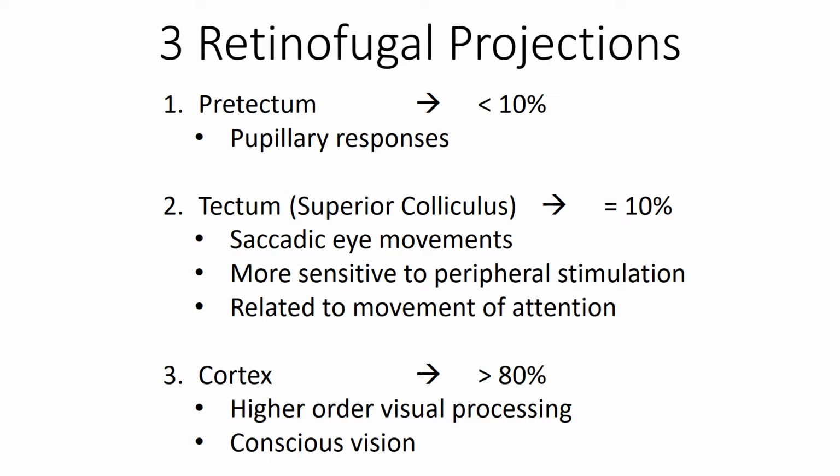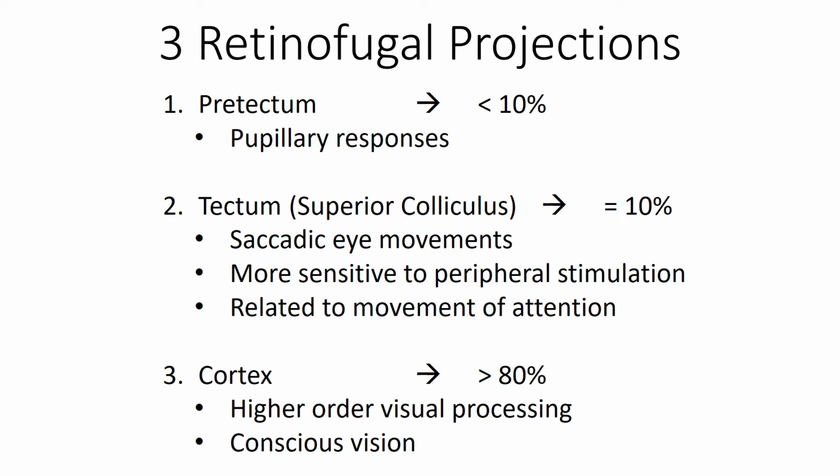Namely, a little less than 10% of the axons are going to a brain region called the pretectum in the midbrain. This is important for pupillary responses and not particularly interesting, so not one that we'll really discuss. The second one is the tectum, part of which is the superior colliculus, and around 10% of the projections from the retina go to the tectum.